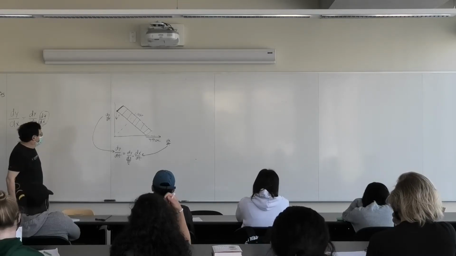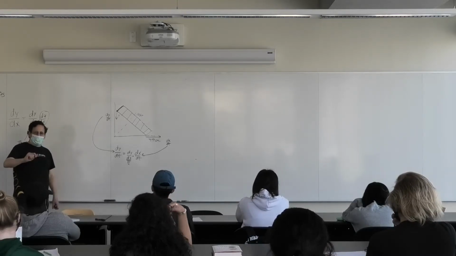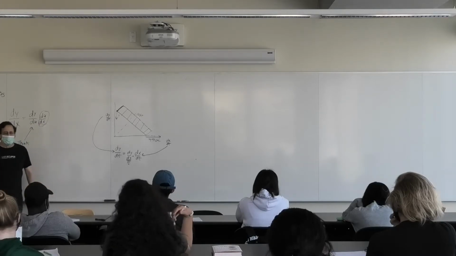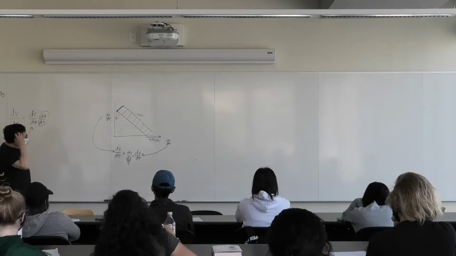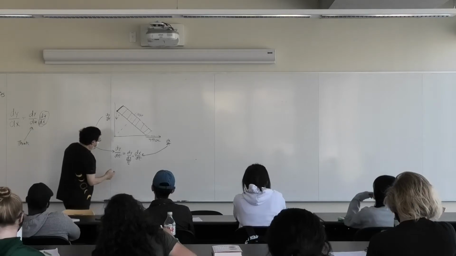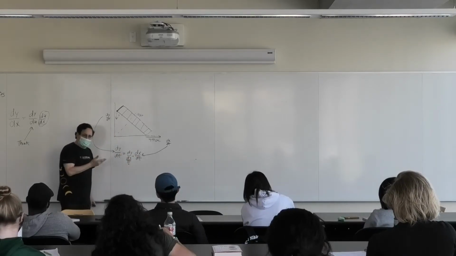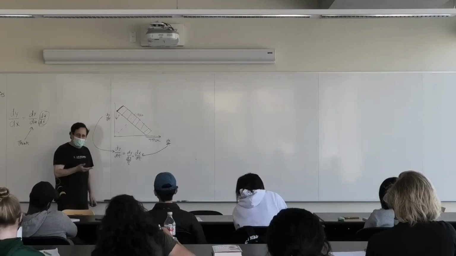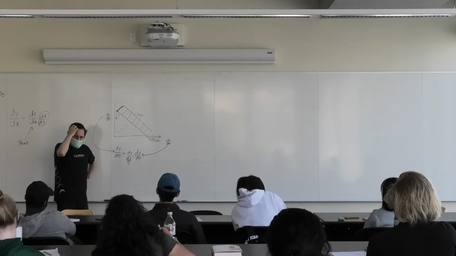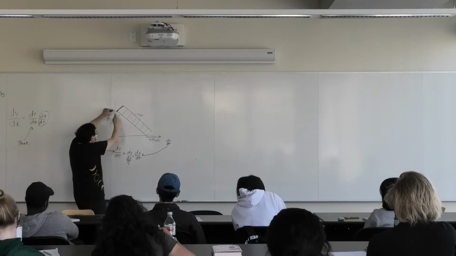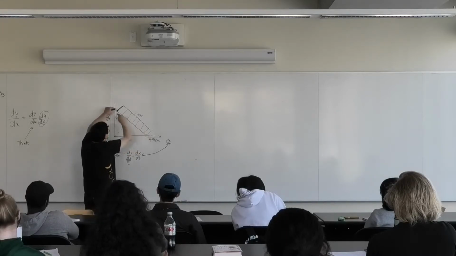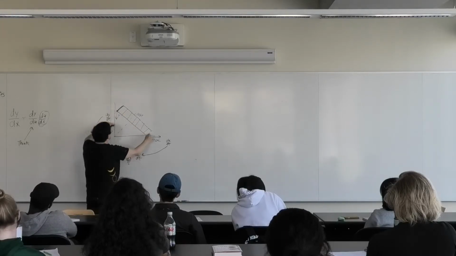And then what about dy dx? That's right where we are. It's the change in y with respect to the change in x. If y is up here, x is here.